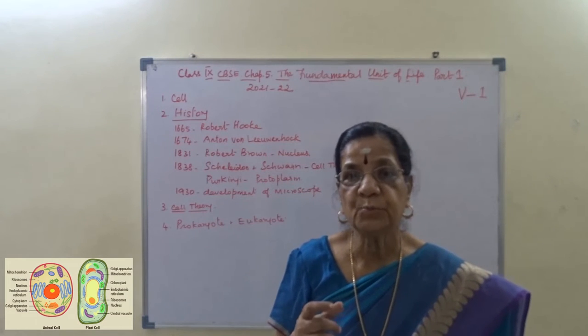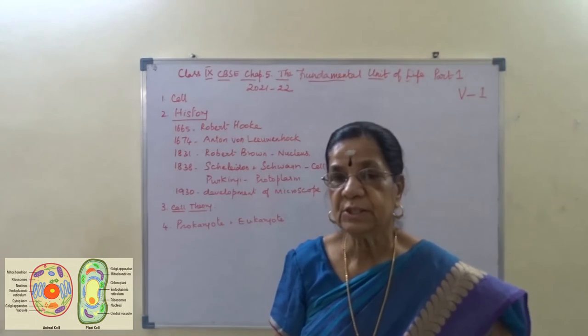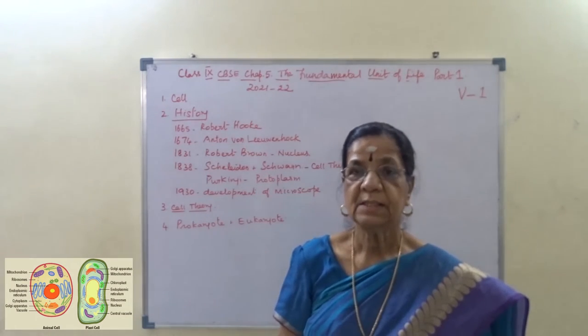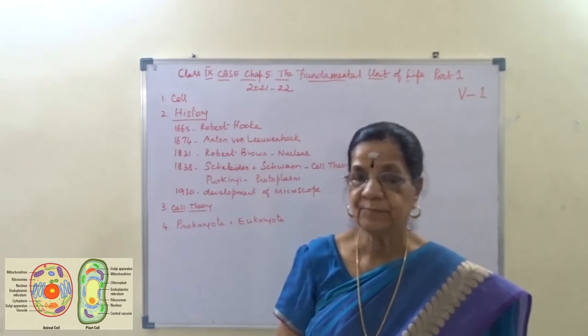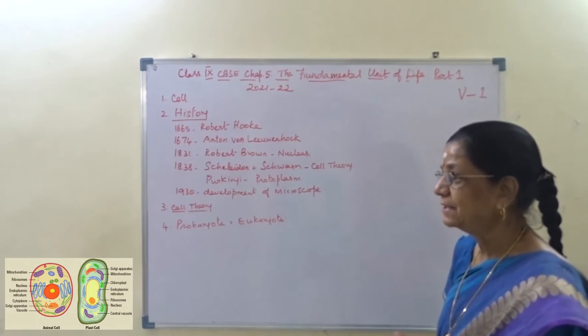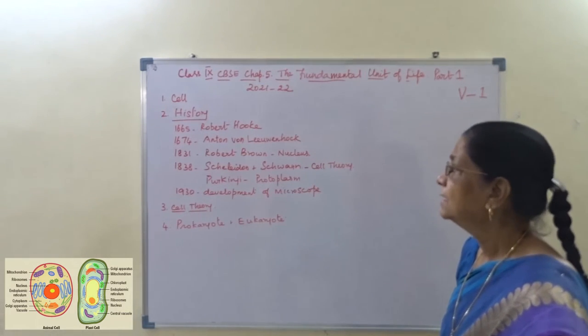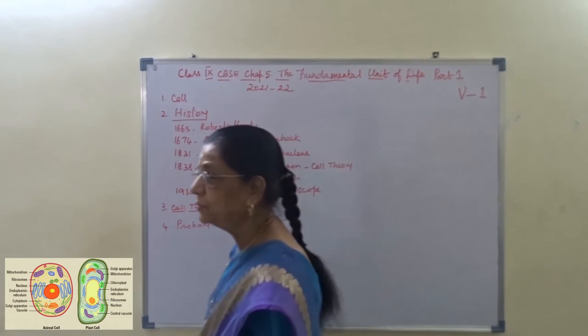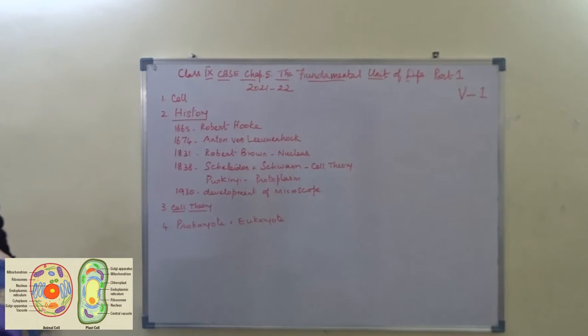Honeycomb is the beehive structure. So Robert Hooke in the year 1665 found the honeycomb-like structure in the cork cell.